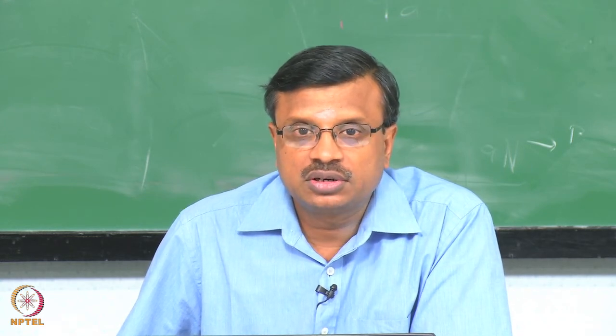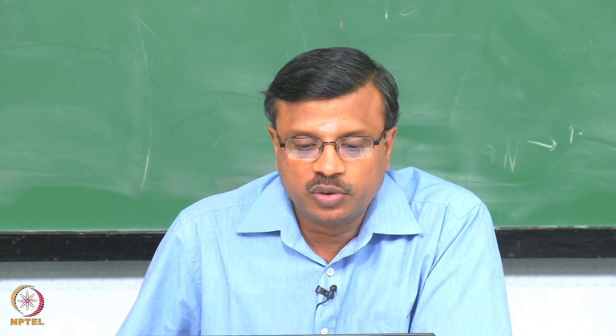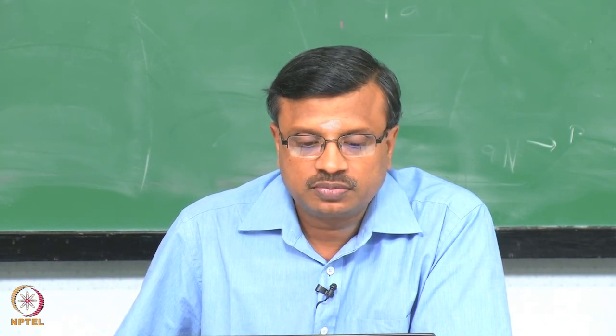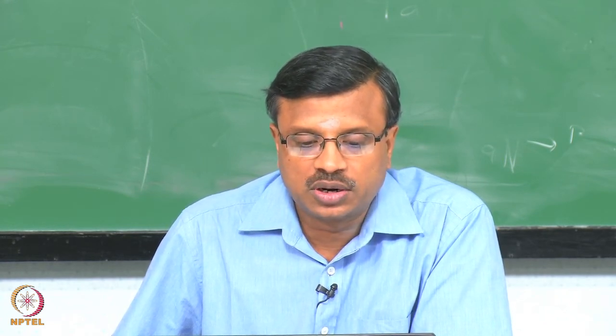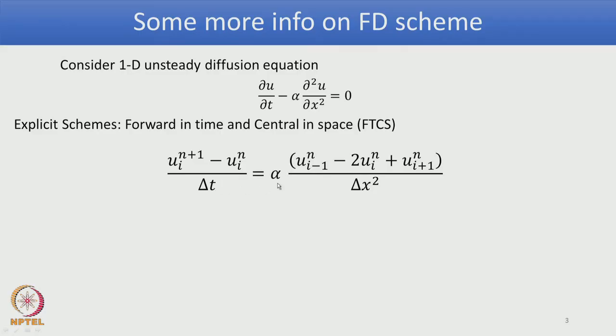If you write down the difference equation, we get this form: (u of i, n+1 minus u of i, n) by delta t equals alpha times (u of i-1, n minus 2 u of i, n plus u of i+1, n) by del x squared.